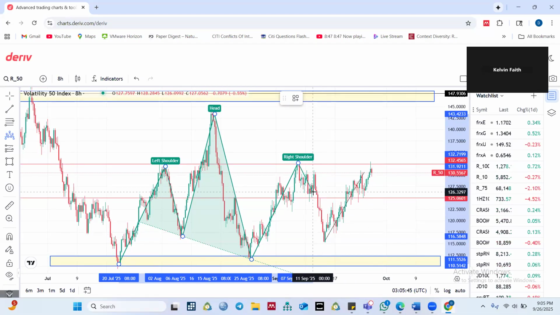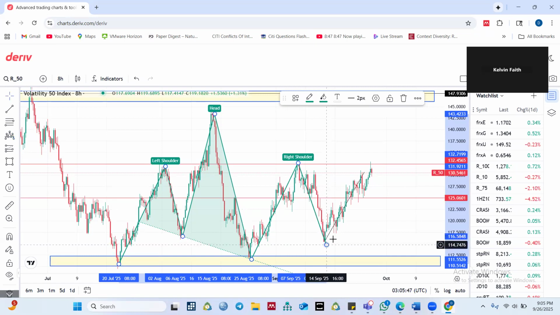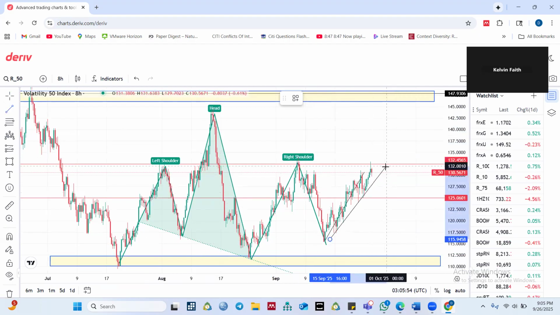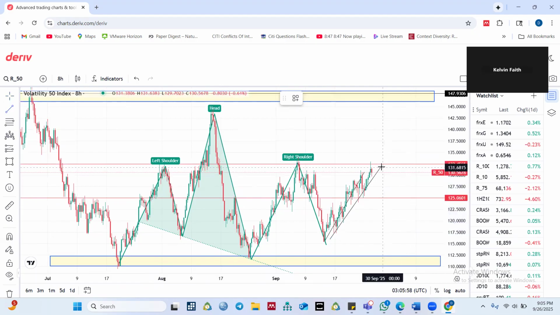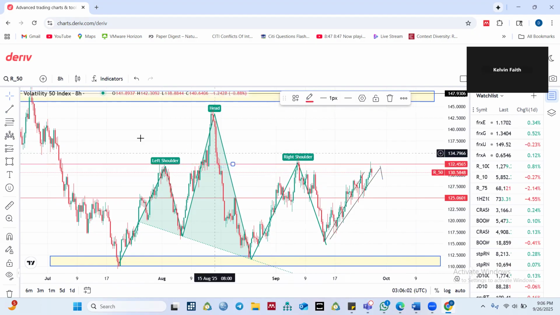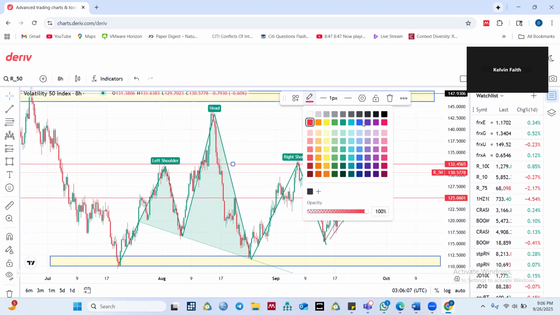The right shoulder couldn't sell much, but price has pulled back again to retest the right shoulder. So if this engulfing happens around this precision support resistance line, let me make this line a blue line.